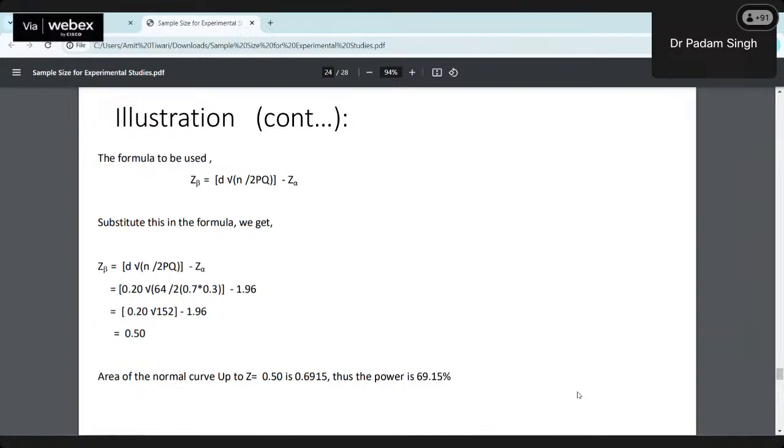Then what? Then also, please see, it has implication on power, because we assume the difference D1 minus D2 as 0.20, but it is only 0.10. And if you calculate the power, rework out the power comes to only 20%.